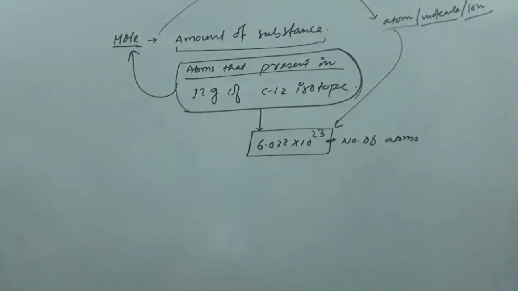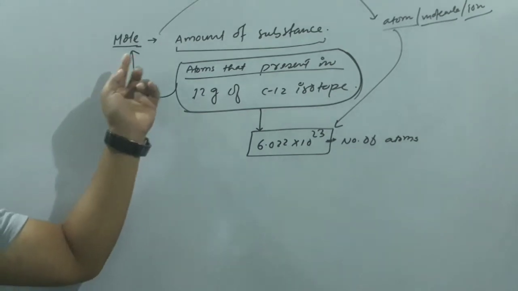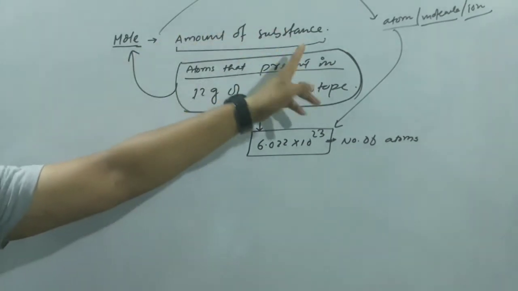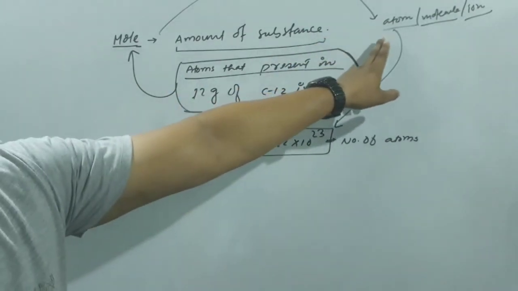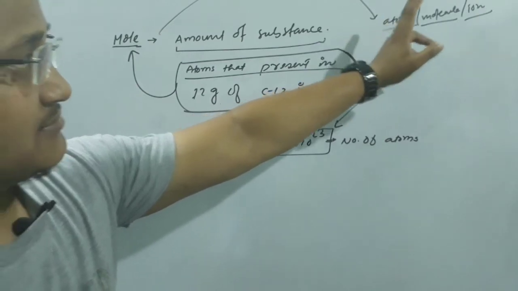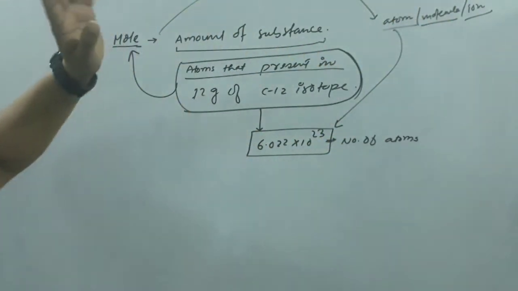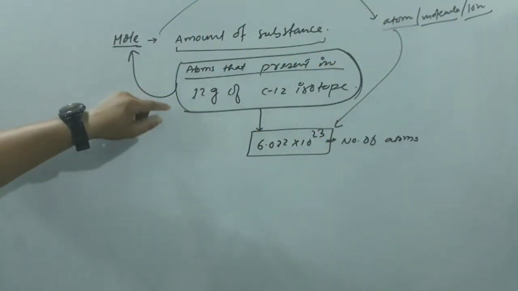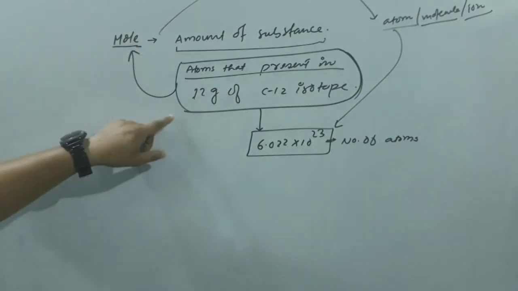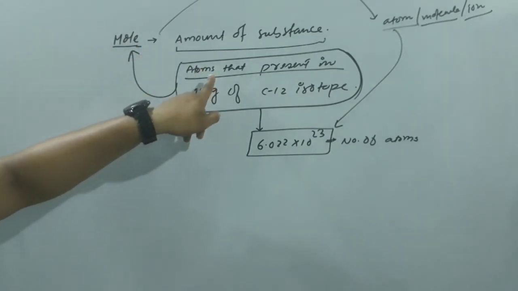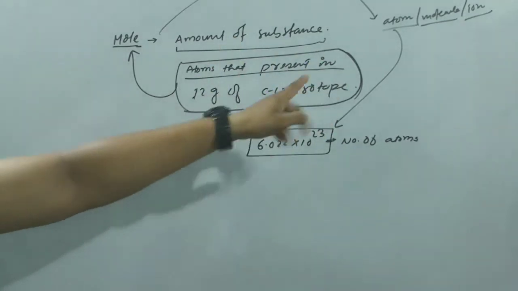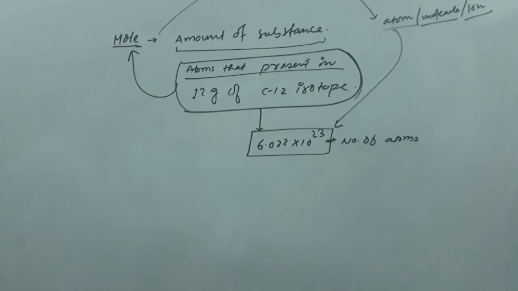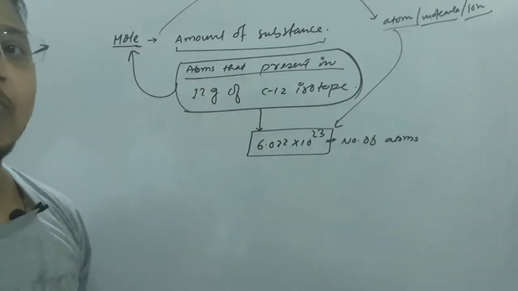So when we define mole, we can say that mole is defined as the amount of substance which contains the same number of chemical entities, atoms, molecules, ions, or electrons, as there are atoms present in 12 gram of carbon 12 isotope. So this is exactly what the concept of mole means.